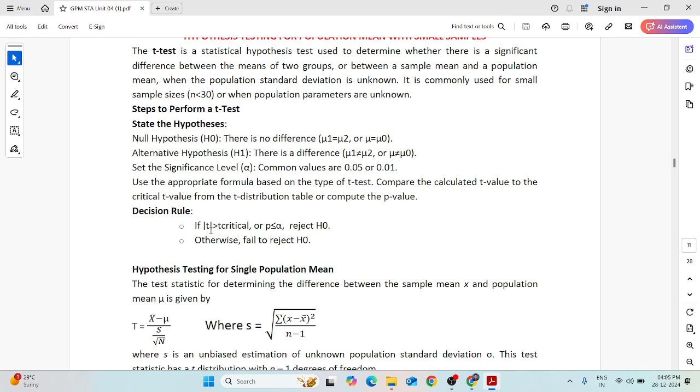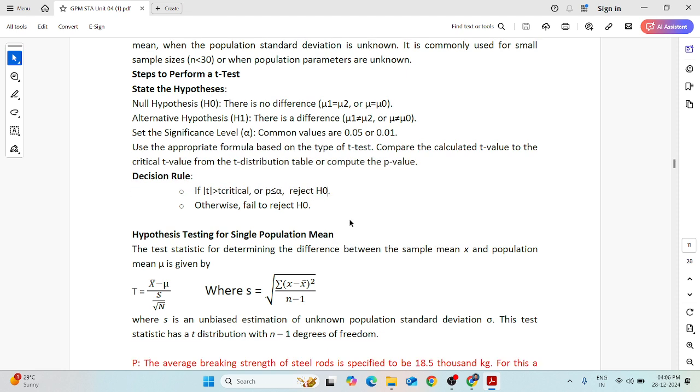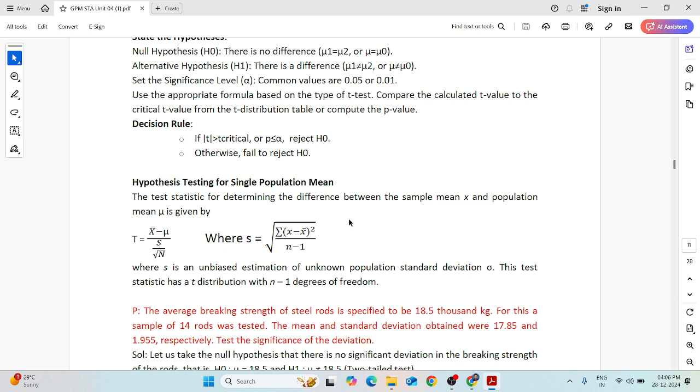Here also, if mod t is greater than the t critical value, then we reject the null hypothesis, H naught. This we need to remember, because based on this only we will be writing our decision and interpretation.